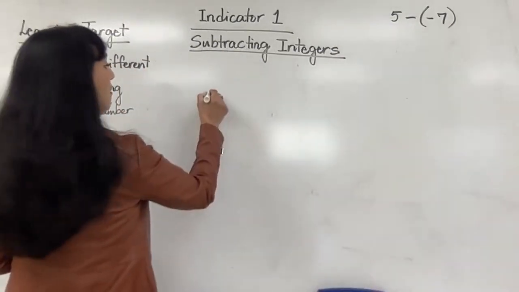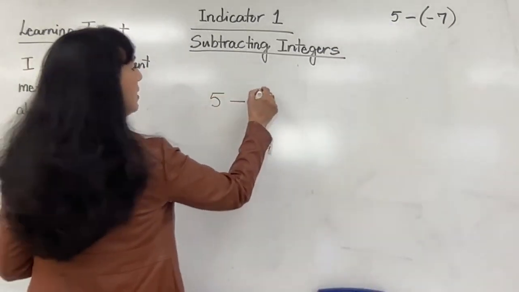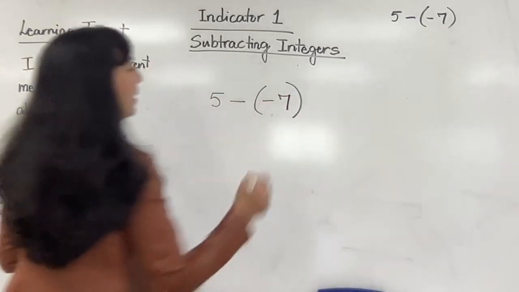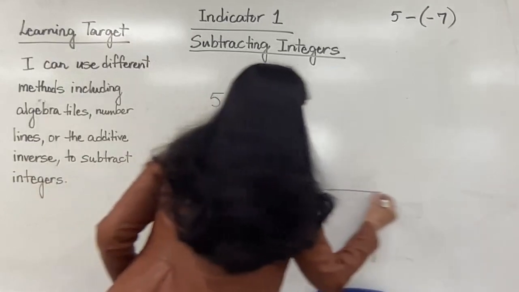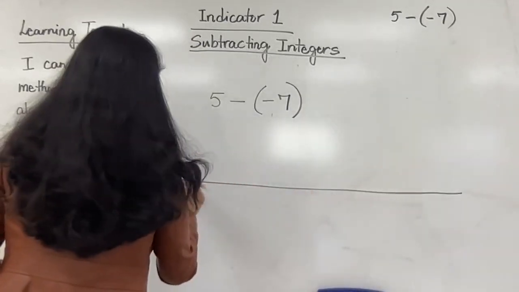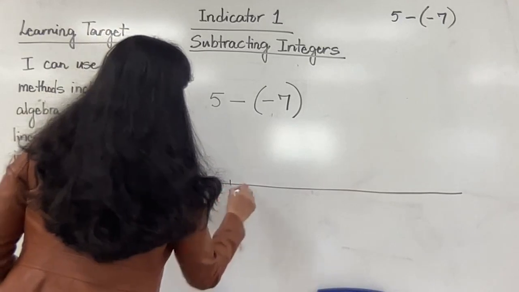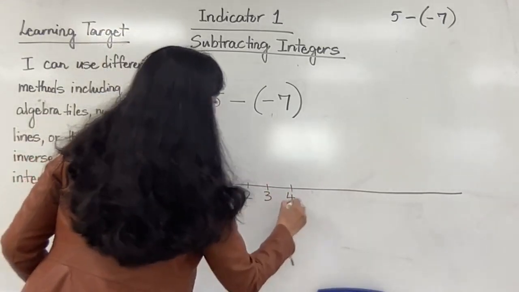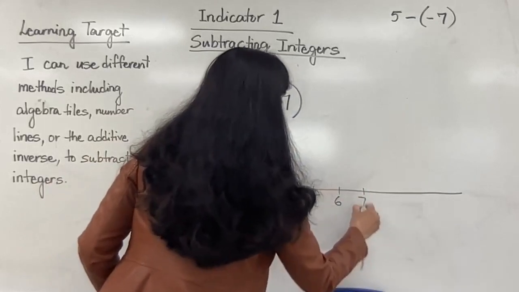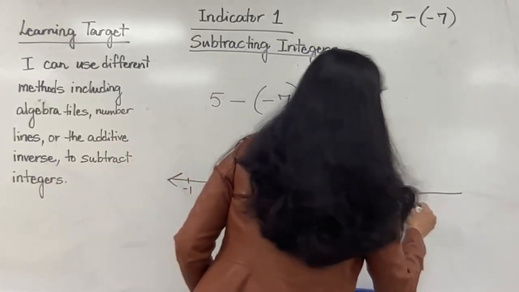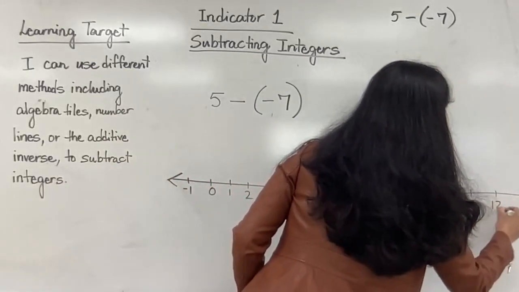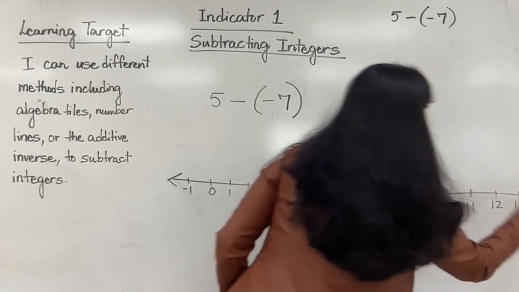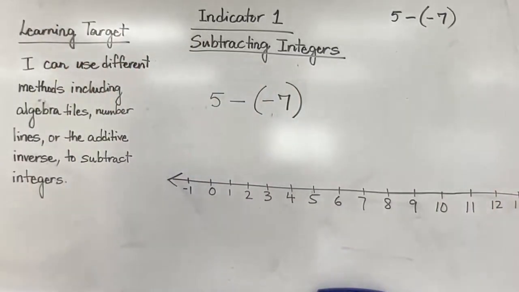So we have 5 minus -7, and we are going to model this on a number line. We are going to start at 0.